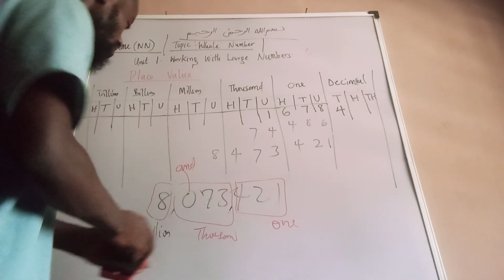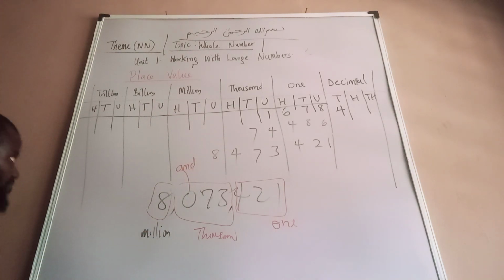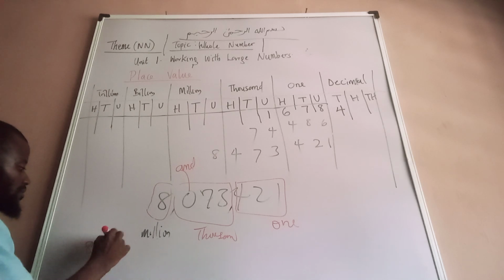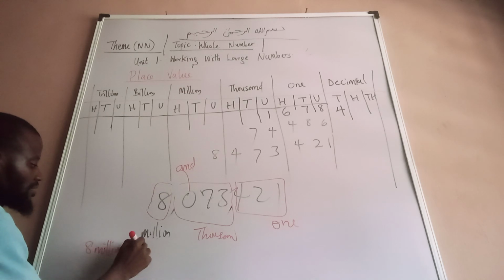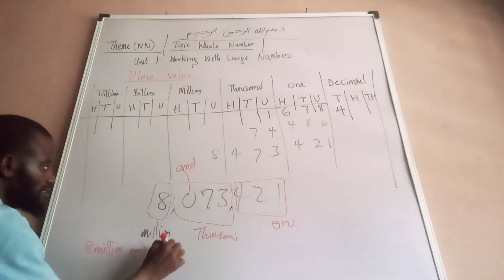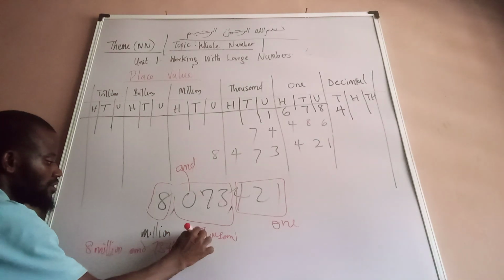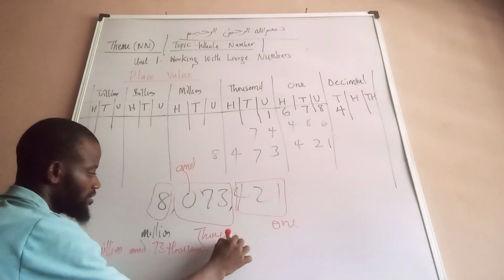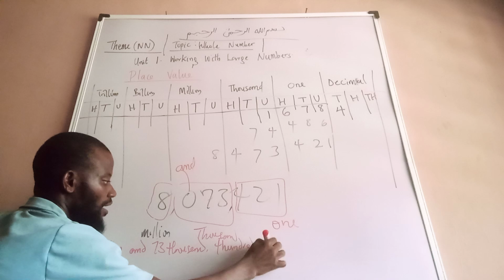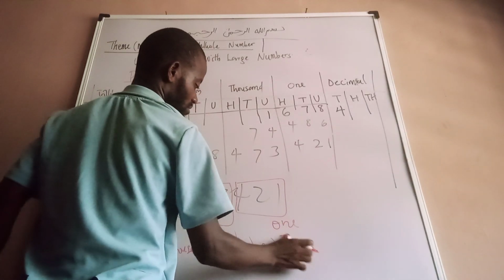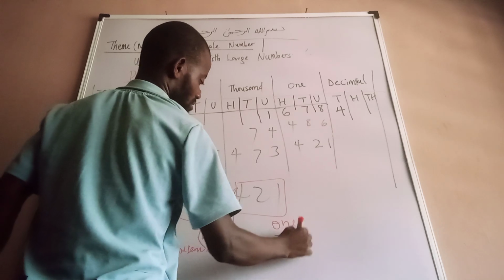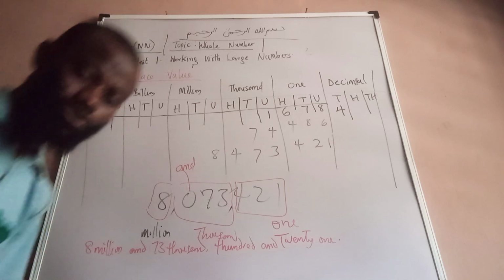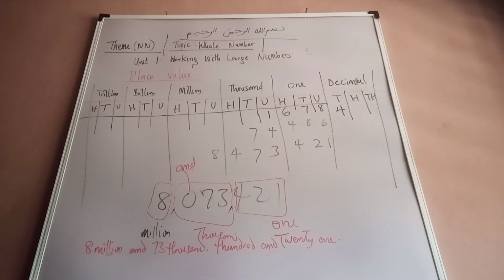So it will now be 8 million and 73,421. All right, 421. So this is how it's being done.